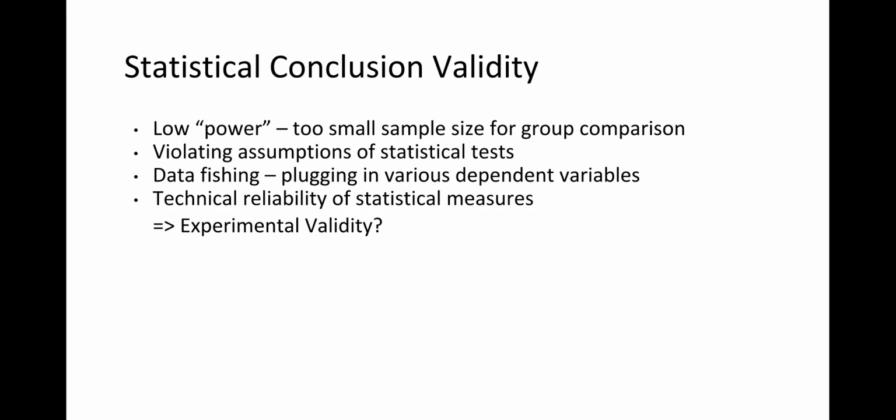But that's not an experimental research issue. That's not a sampling design issue. That's more like a statistical method issue, right? So statistical conclusion validity is related to those issues. Again, in general, your statistical conclusion validity will not be high if you have too small a sample size.